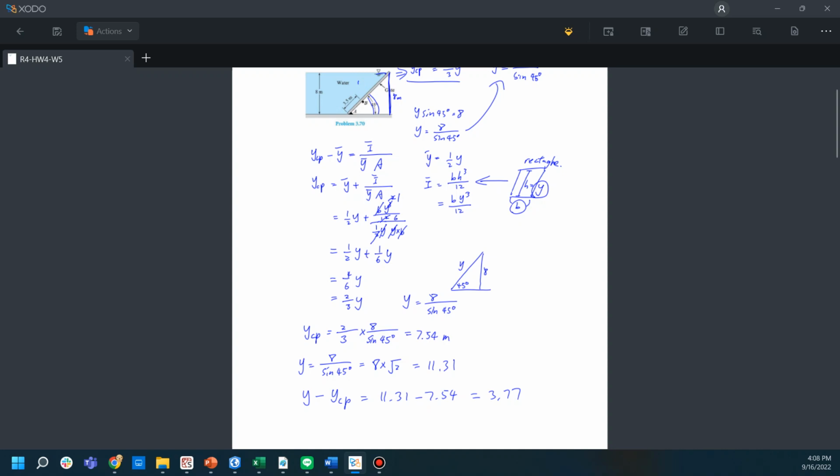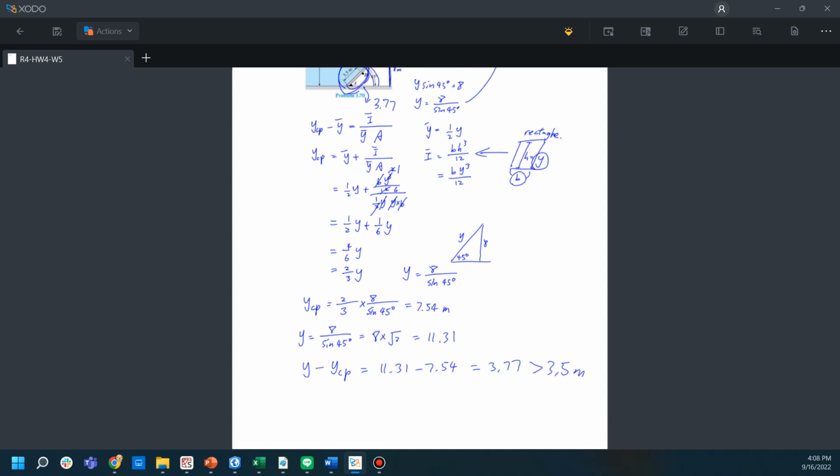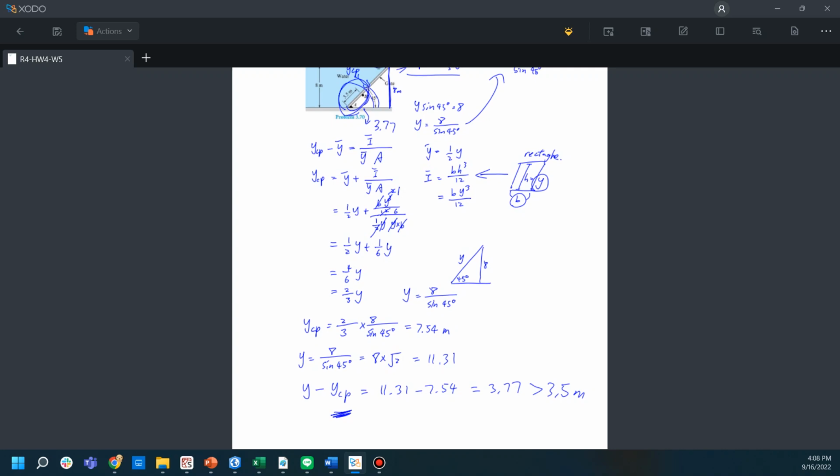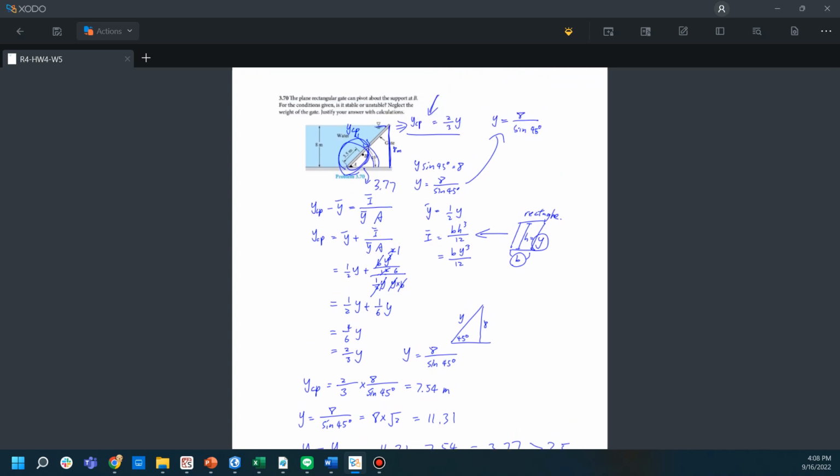The length here, assuming this is YCP, and the length here is equal to 3.77, which is larger than the 3.5 meter that we have here. So we know that the CP is not at the location of the pivot.